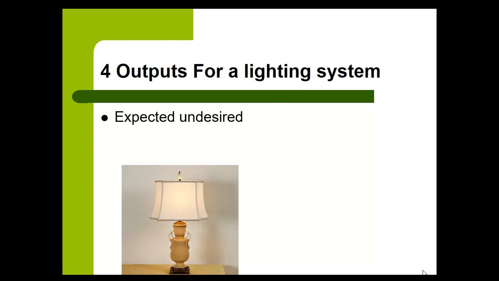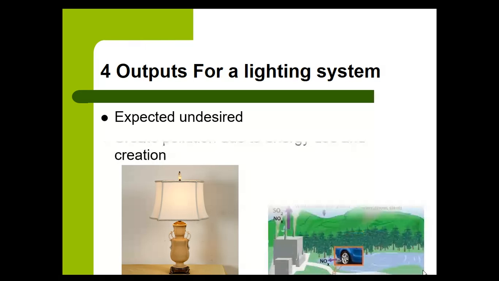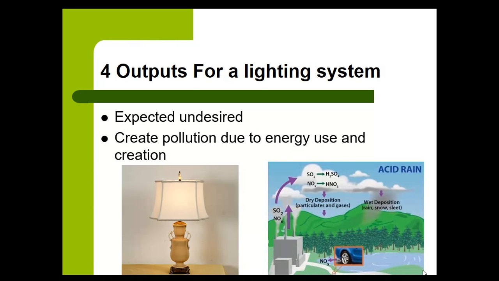But sometimes things happen that are undesired. Whenever we're using light, there are also some undesired results. There's pollution created due to the use of energy and its creation. Now, that pollution might not be right by us. We might not see it, we might not feel it, it might not affect us, but somewhere in the world there's a power plant burning fossil fuels to create electricity.